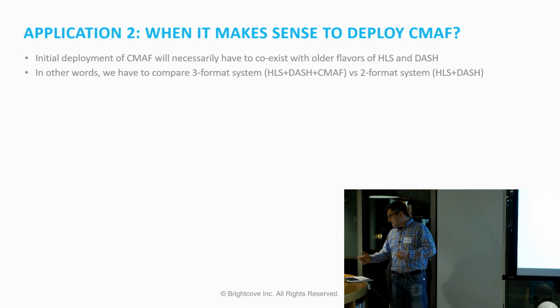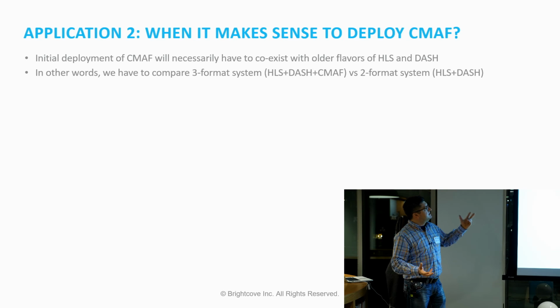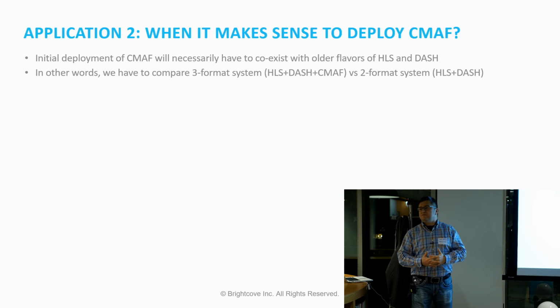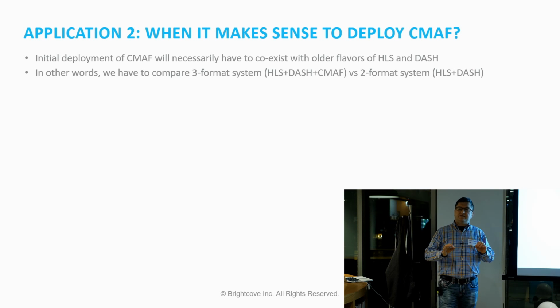So what we really have mathematically here is a comparison of 3-format systems versus 2-format systems. And you would think that 3-format systems will never be better than 2-format systems. You're adding an extra format, how in the universe may it help CDN performance? Well, if you remember, when I did my initial exercises, I showed that if you have a single format that becomes dominant, that actually helps.